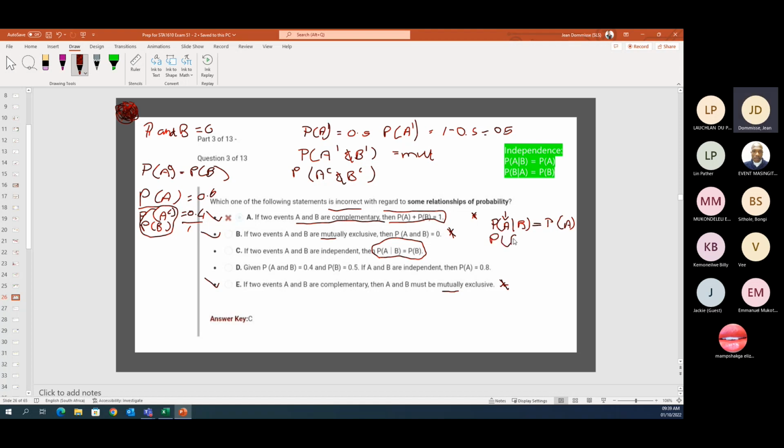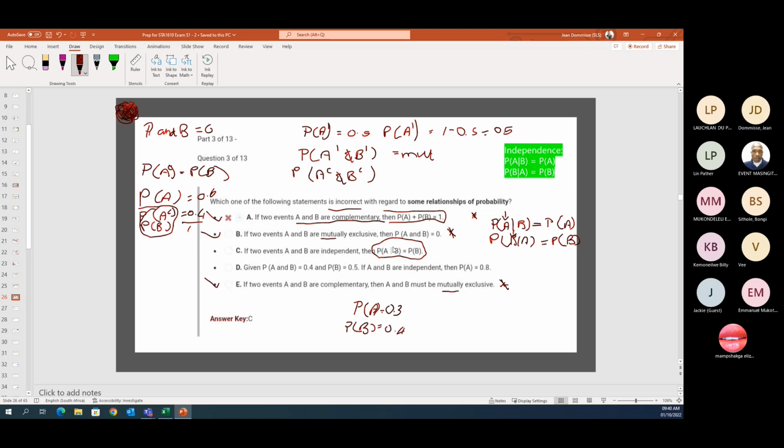The same if it was probability B given A, it was the probability of B, first letter. And I think let's do an example. So let's say probability of A was equal to 0.3, probability of B was 0.4.